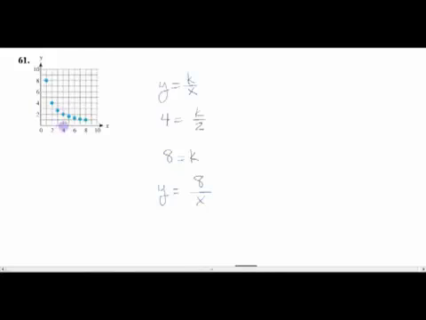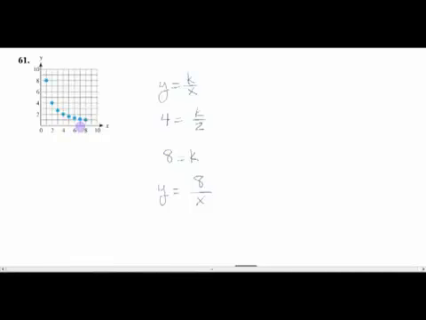If I put in a 4, I would get out a 2. If I put in a 5, I would have 8 over 5, which is 1 3/5, so it looks like 1 3/5. If I put in a 6, I get 8/6 or 4/3, which is 1 1/3. That looks like 1 1/3 right there.